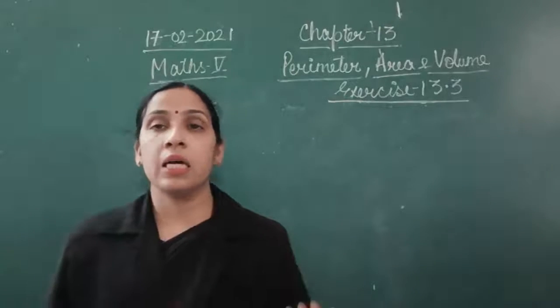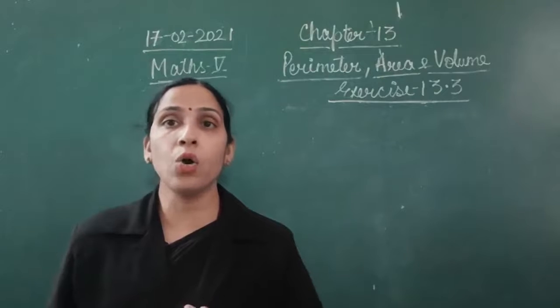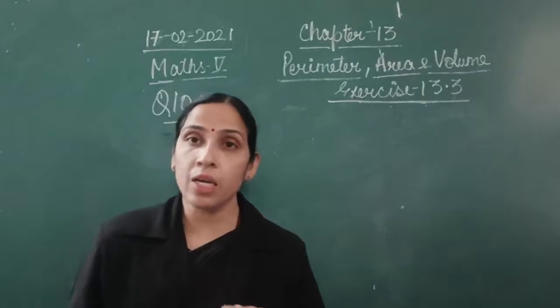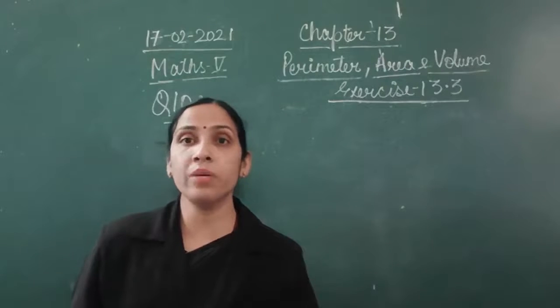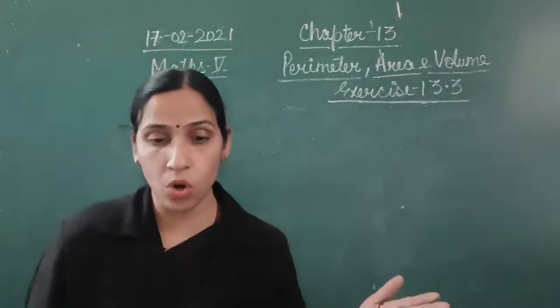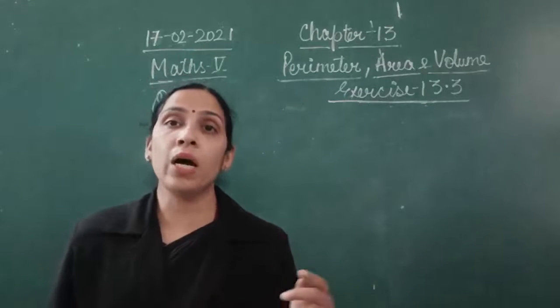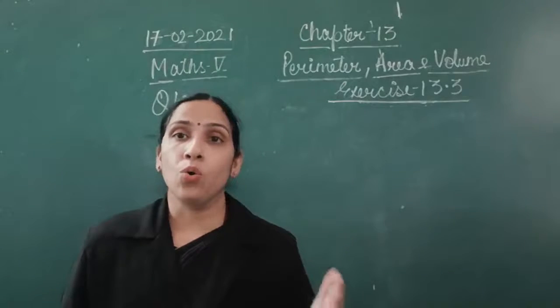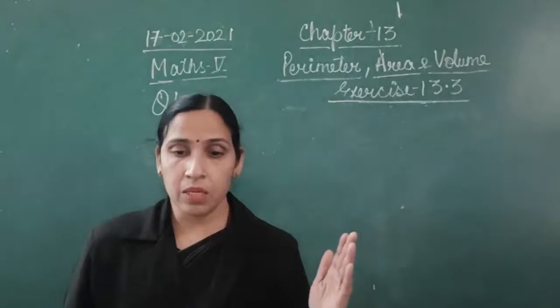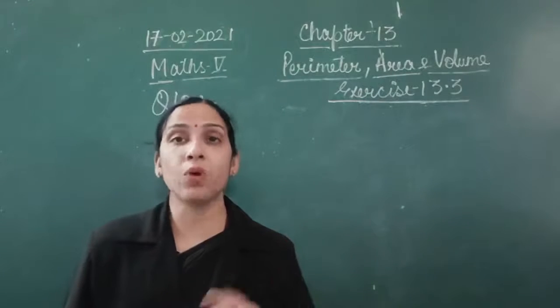Let's say your room is there, and the area of the floor of your room is given, like your room is 680 centimeter long and 320 centimeter wide, and you have to pave that floor with square marble tiles whose side is 40 centimeter.